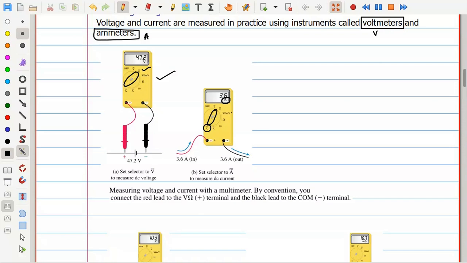That's why one device can measure many quantities like voltage, current, and resistance. So we call this a multimeter. Because it is shown in digital form, we call this a DMM, digital multimeter.